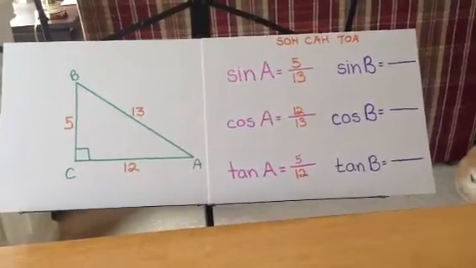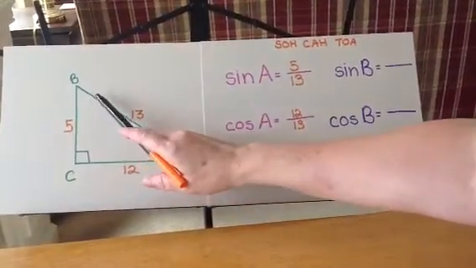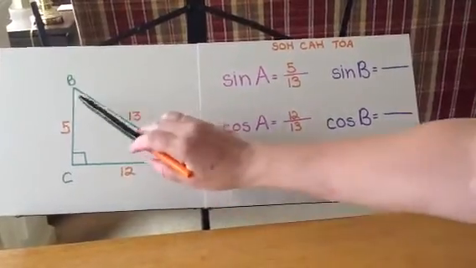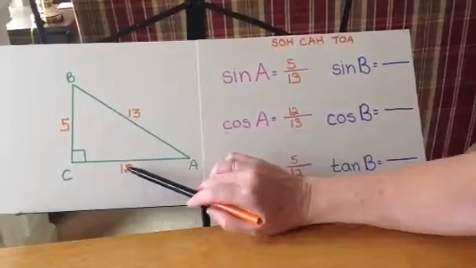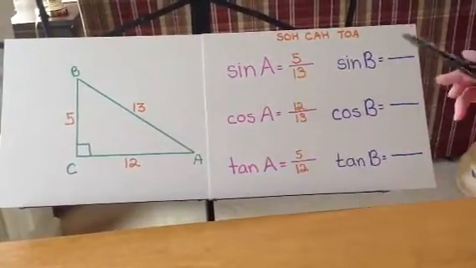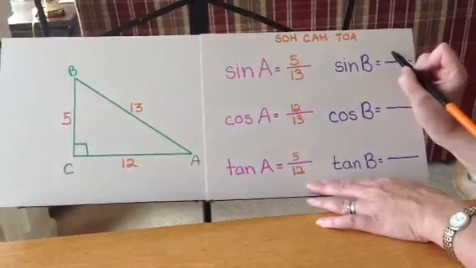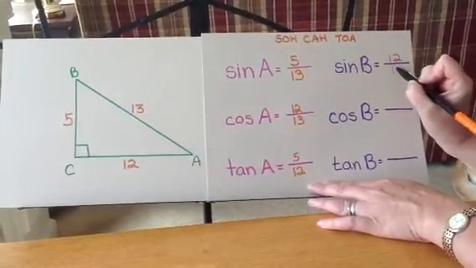Okay, now, if we change our reference point and we look at angle B, the sine of angle B is going to be opposite over the hypotenuse. So it's going to be 12 over 13.